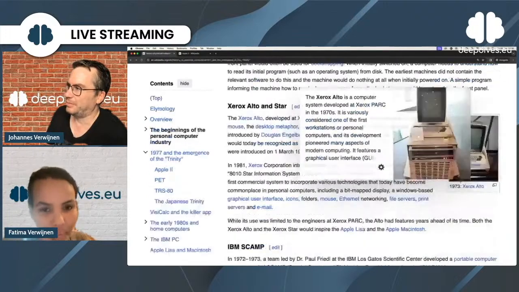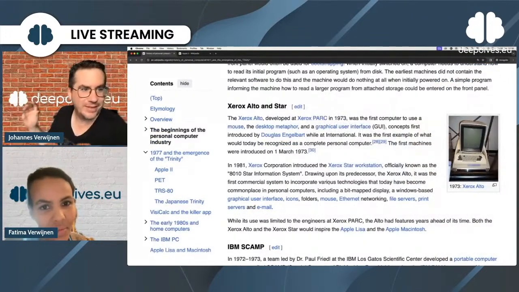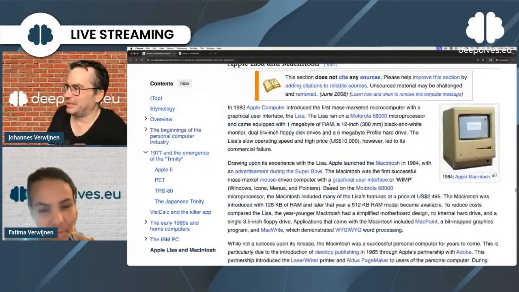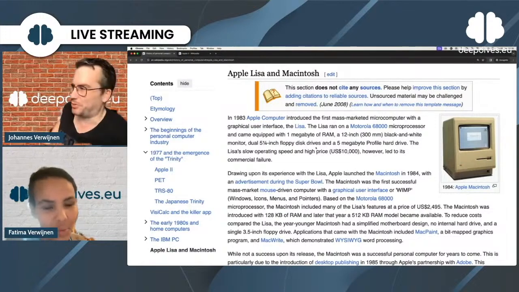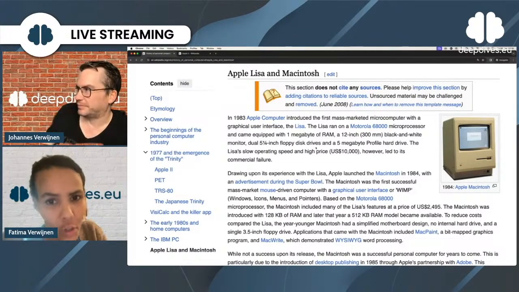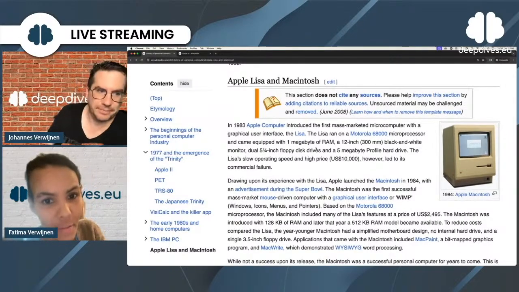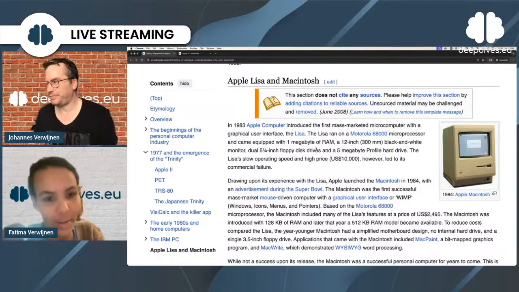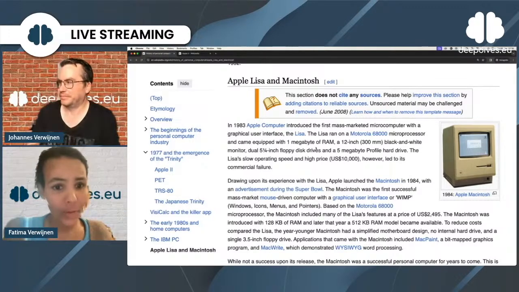So maybe the time was not correct then, back in the 70s, but once we got to the 80s, it started to be more usable. Right. And like I said, it's important to note that this is the first mass marketed microcomputer with a graphical user interface. So we see that it has been done before, but it's just not for masses.